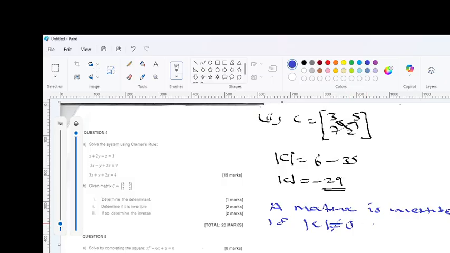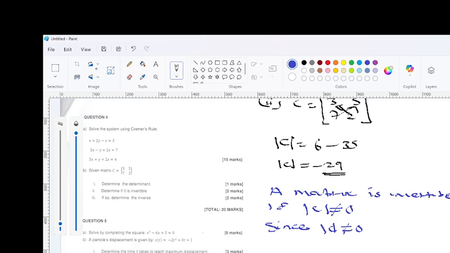So if the determinant of C is not equal to 0, and here we've seen that the determinant of C is negative 29, and negative 29 is not equal to 0. Therefore, since the determinant of C is not equal to 0, matrix C is what?